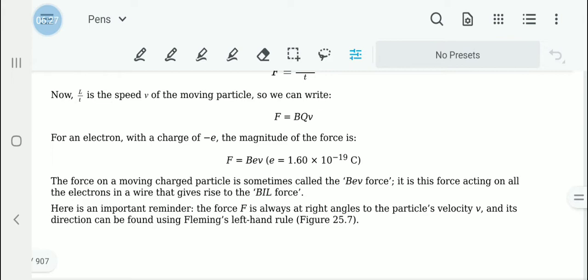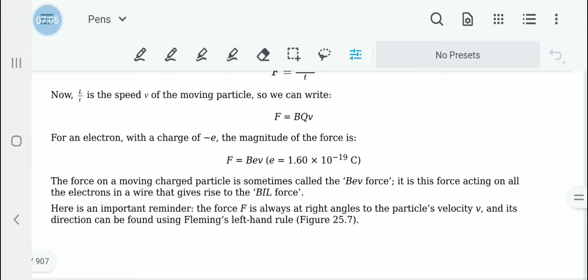Now, if you take a single electron which has a charge of negative e, then we can take the magnitude of the force to be F equals B, the charge e, into V, because e is 1.6 into 10 to the power minus 19 coulombs. That is the charge on it. We can use this definition to define the force on a moving charge.